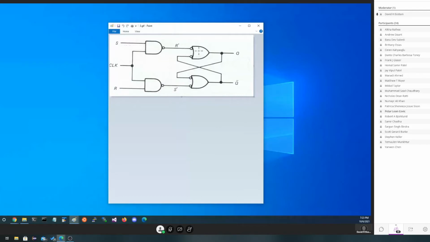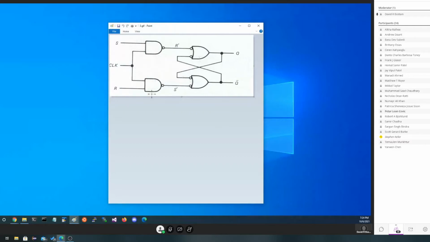Now that serves to do two things. One is it blocks set and reset from ever going over here if the clock is low. But secondly, if we set either set or reset high and leave them high, these will change when the clock goes high. So it's a way to synchronize these changing with a clock.